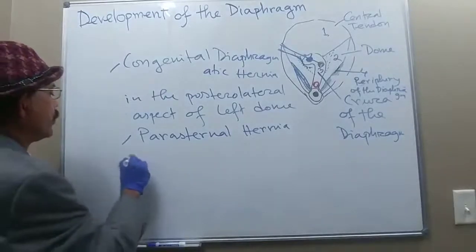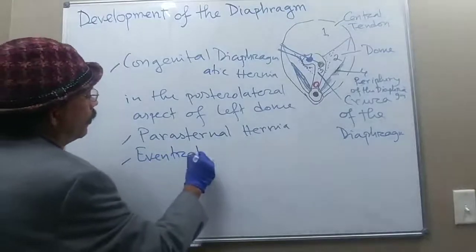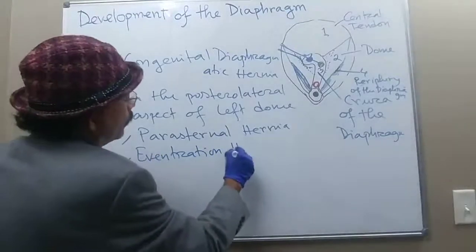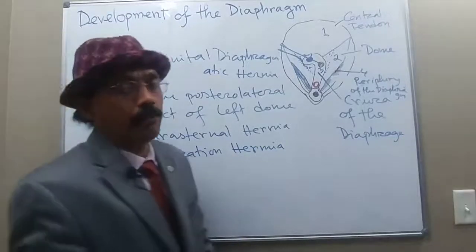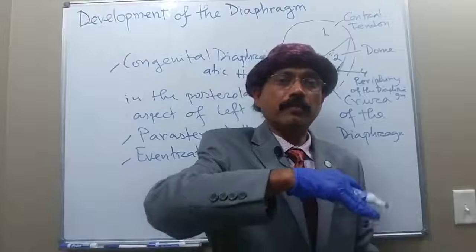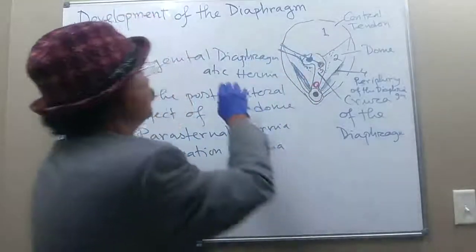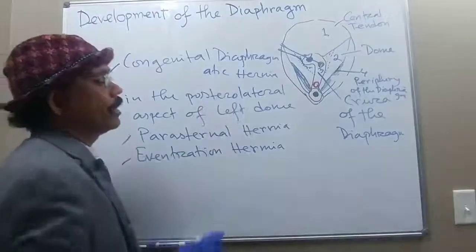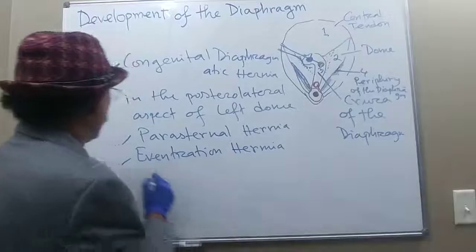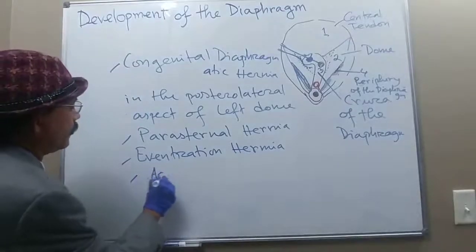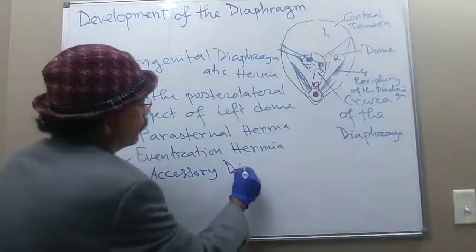We may have eventration of the diaphragm. Muscle does not develop in the left dome of the diaphragm, just a membrane, so contents will go to the thorax like in congenital diaphragmatic hernia, but here it is covered by a membrane. And we might have accessory diaphragm.